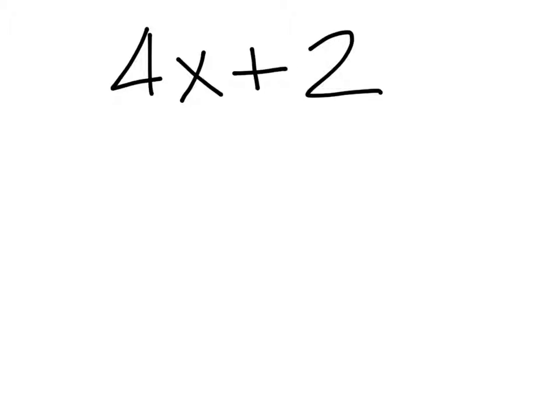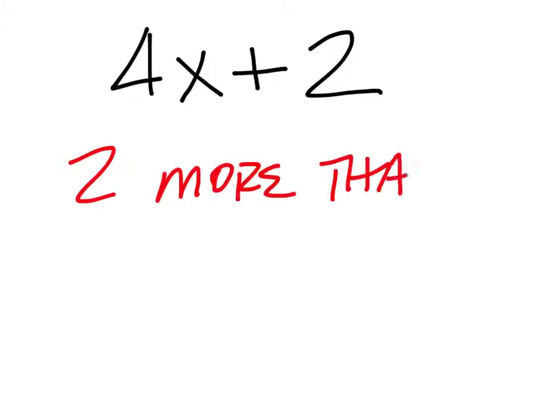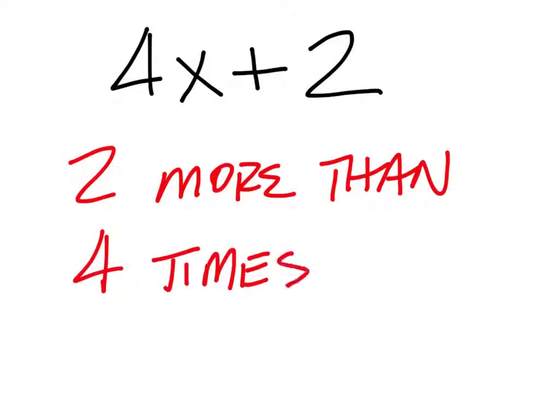How would I write that? 2 more than 4 times a number is right. You could also say 2 more than the product of 4 and a number. That would be right as well.